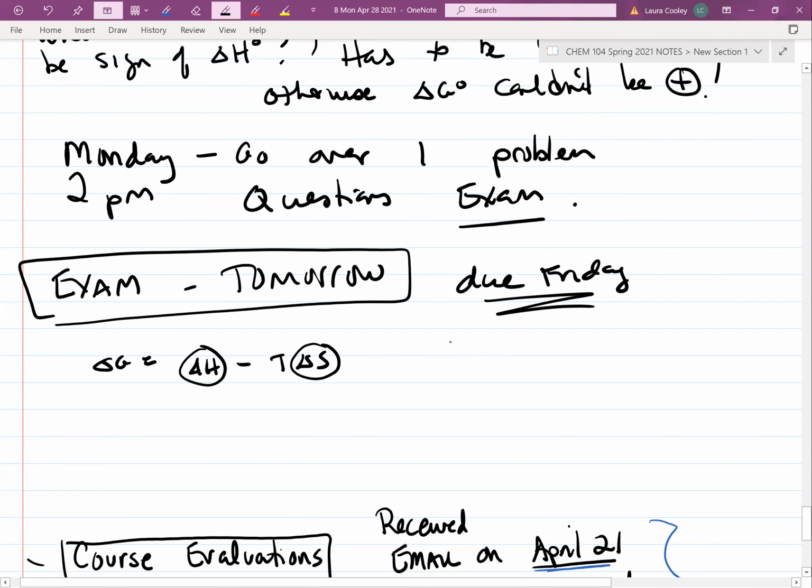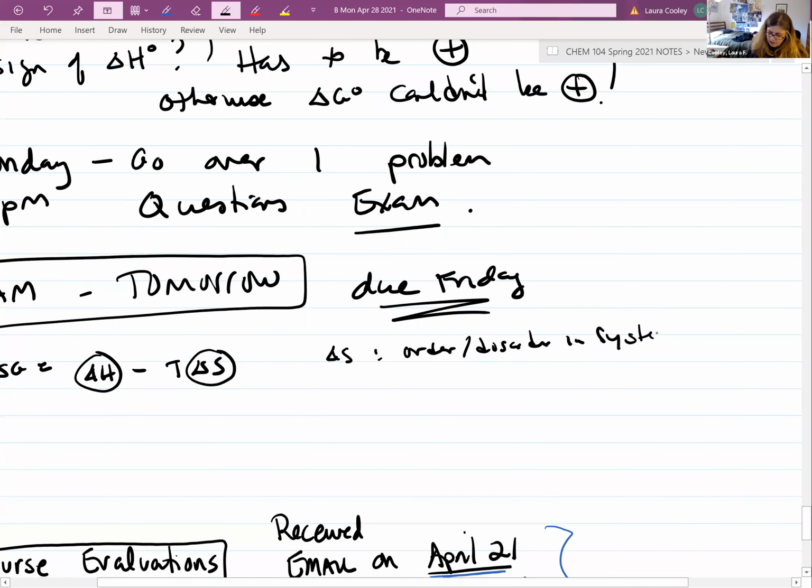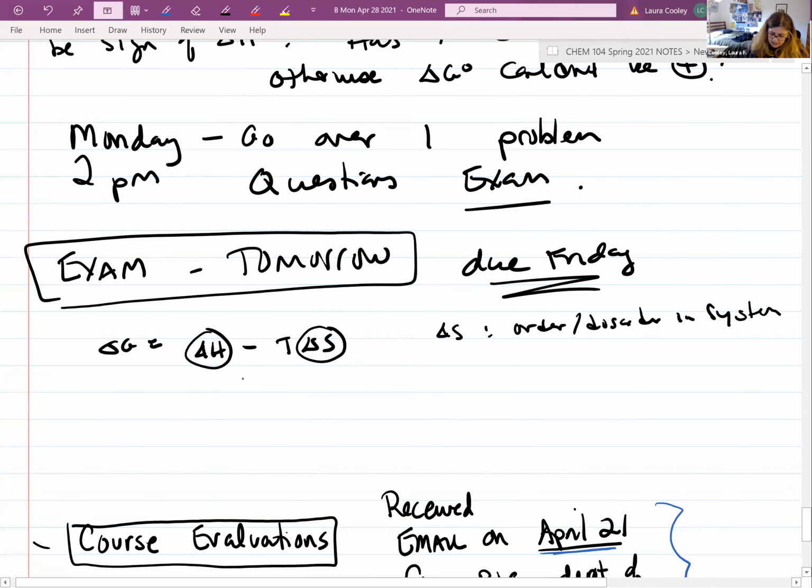Delta S depends on the order or disorder in the system, and that depends on the reacting chemicals. Delta H is whether heat is released or absorbed, and that determines the sign of the delta S surroundings, not the delta S system. Do you get that? Yes, thank you.